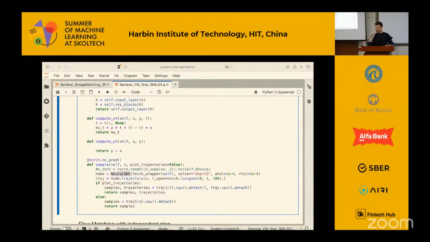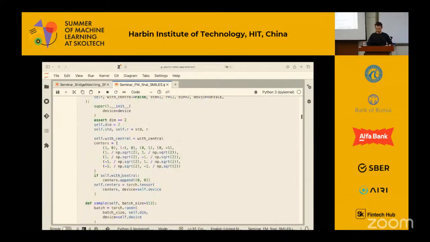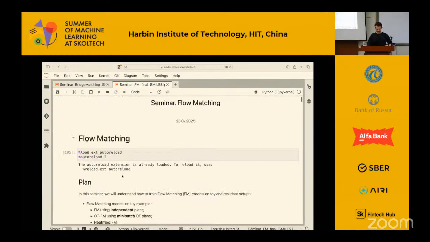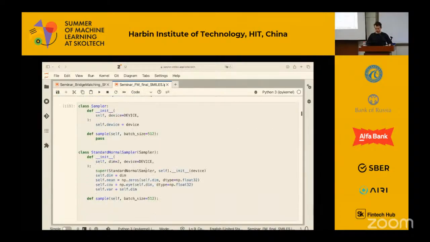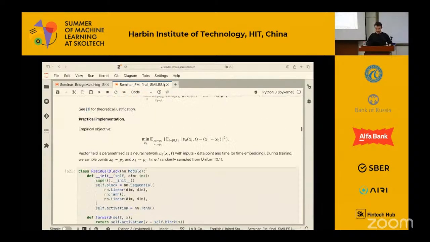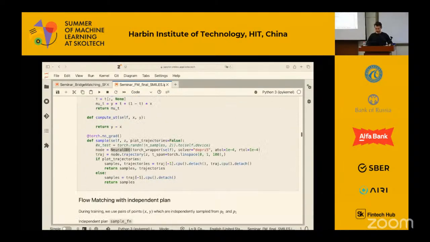If you work with ordinary differential equations on Torch, you are pretty much familiar, I think, with the library called TorchDiffEq. This is a library made for ordinary differential equations on Torch, which is highly efficient and provides many beautiful solvers for neural ODEs, which you do not have to write yourself.